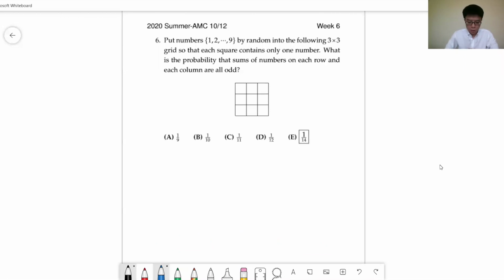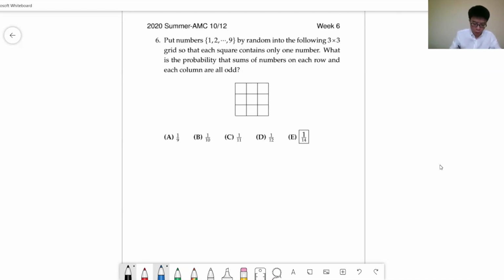Okay, problem 6. We put these 9 numbers from 1 to 9 into this 3 by 3 boxes, right? And then we want to know the probability that the sum of each row and each column are all odd numbers.